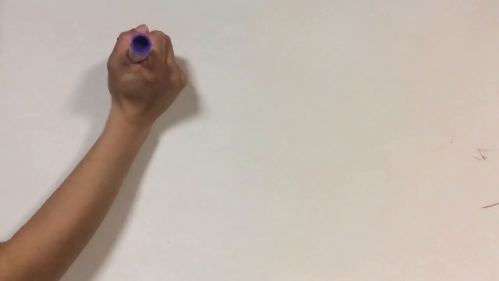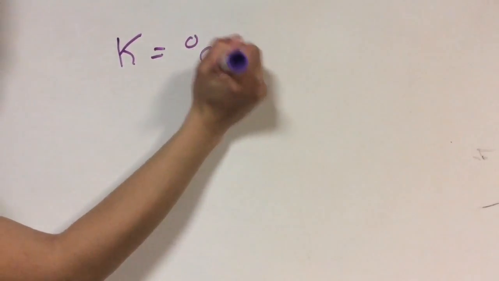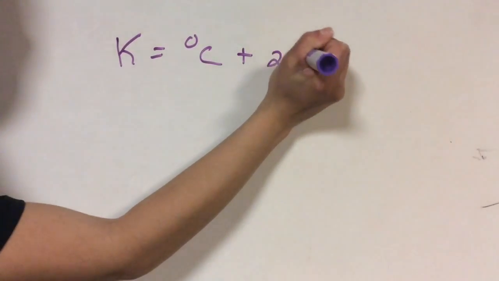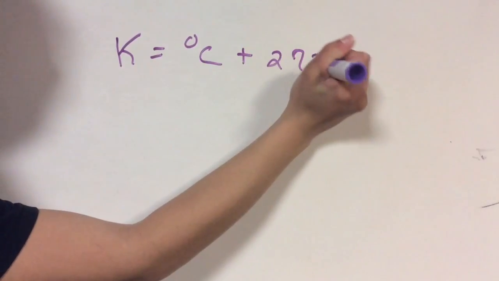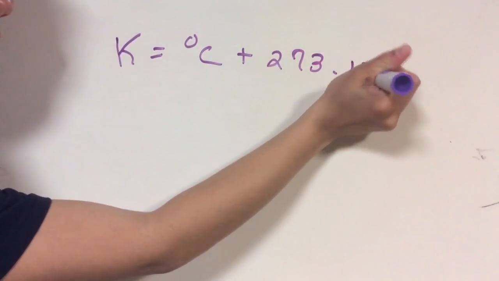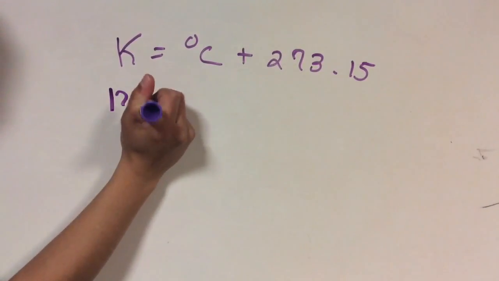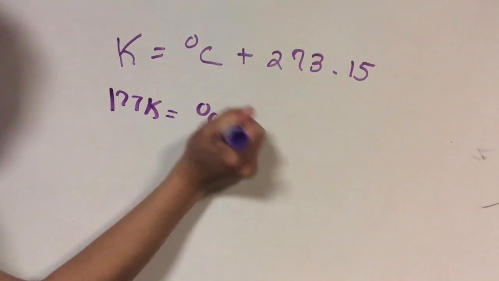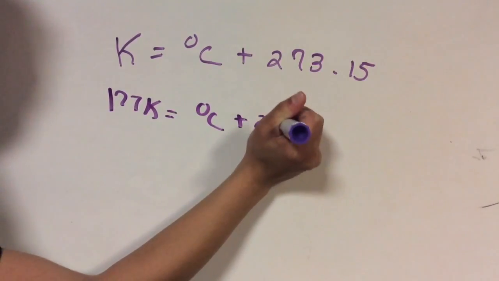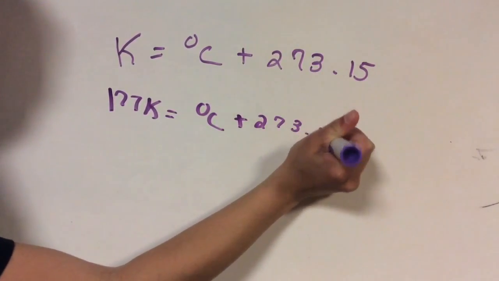For your second practice problem, you know that K equals degrees Celsius plus 273.15. So you know that 177 Kelvin equals degrees Celsius plus 273.15.